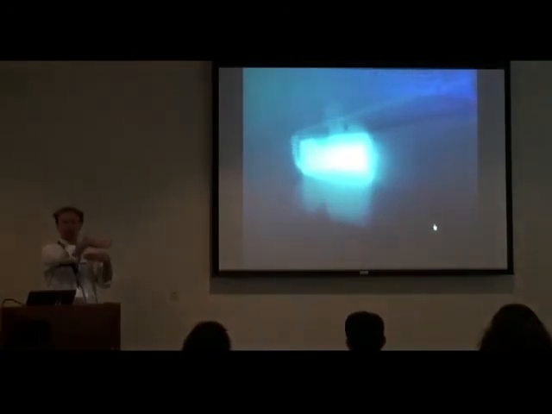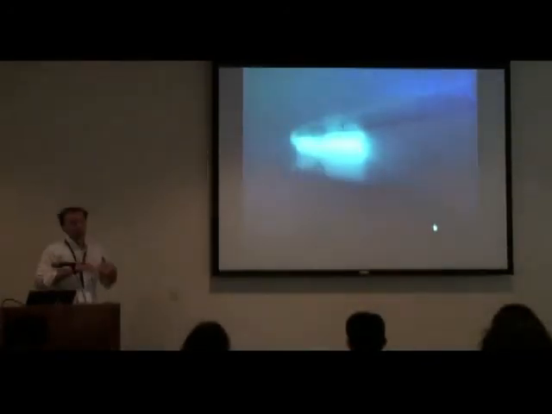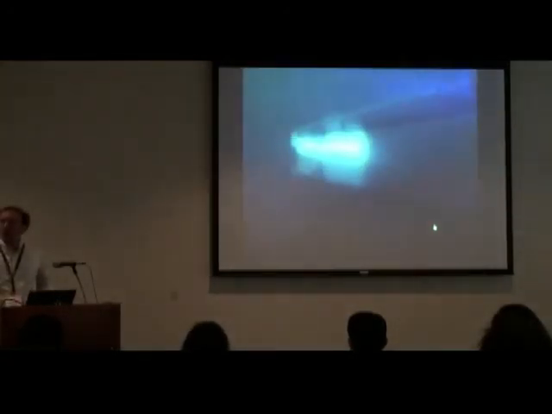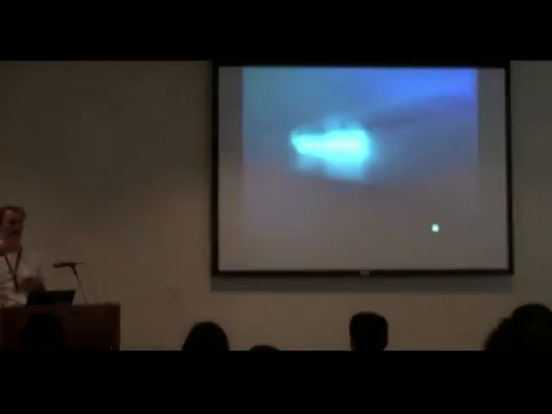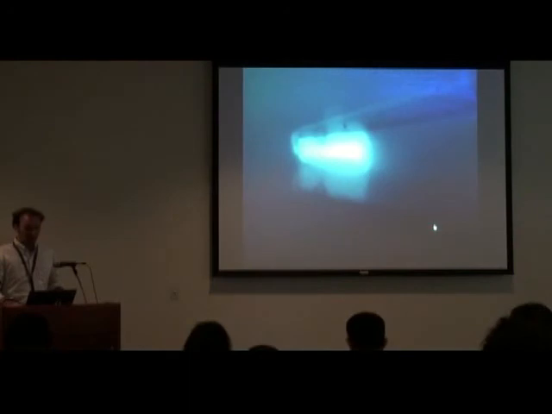Or in this case, we have a force clamp in place, so we're not letting the force increase, and we're simply allowing the network to displace at a constant force. And so what this is showing is that with a few proteins mixed together, you can recapitulate the growth of an actin network. Not only that, but you can show that it generates force. It's generating a controlled force underneath this cantilever.